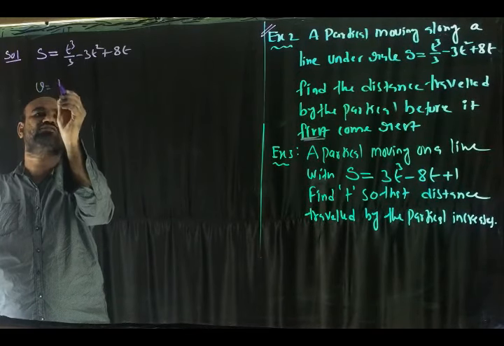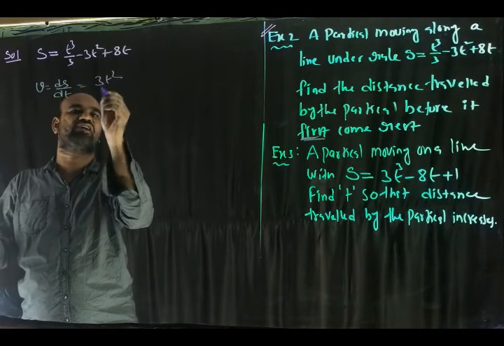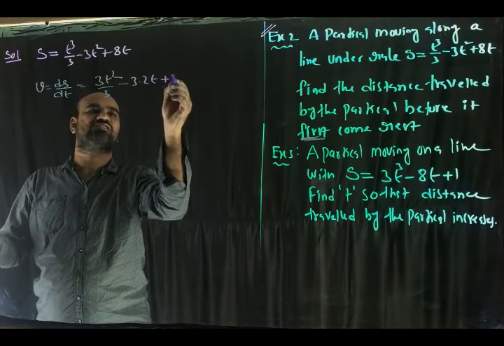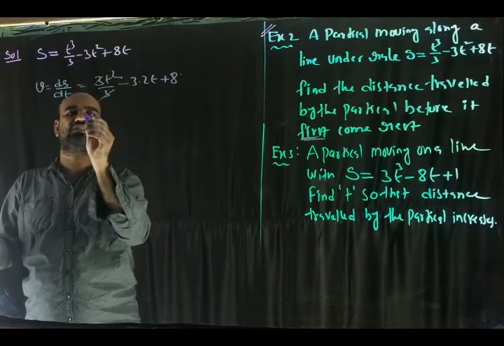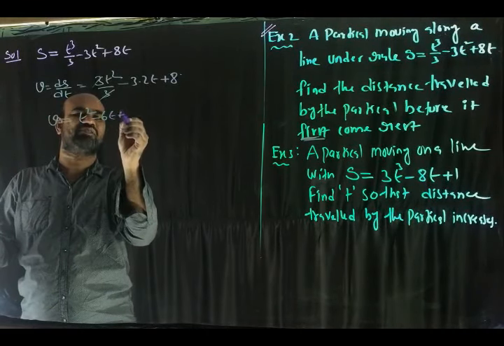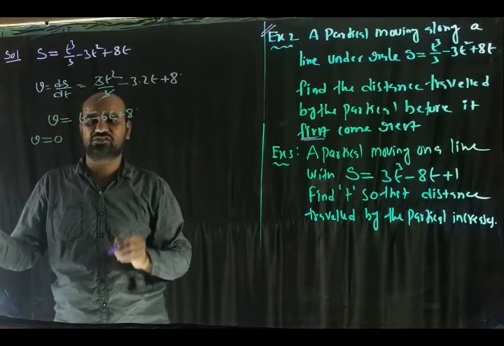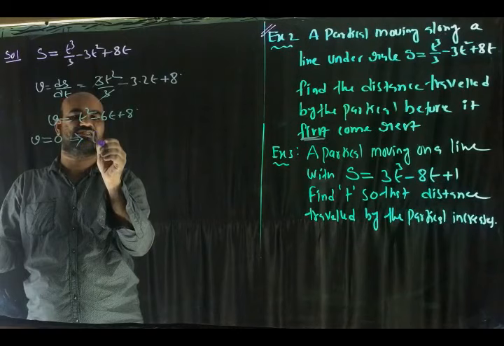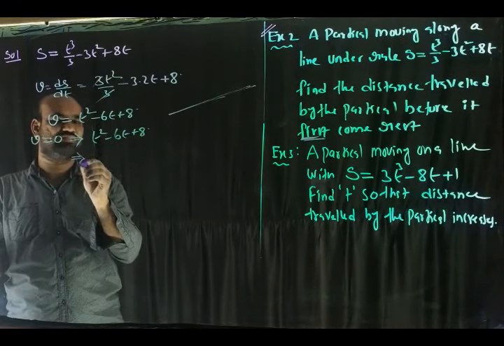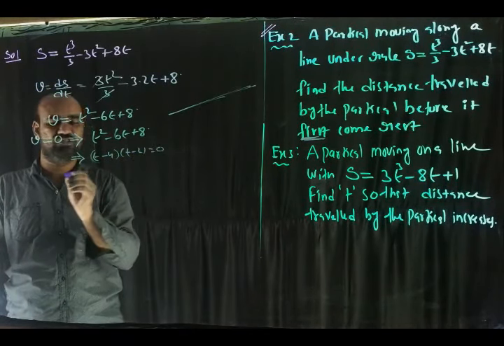V equal to ds by dt, that is equal to 3t square by 3 minus 3 into 2t plus 8. The 3 gets cancelled. So V equal to t square minus 6t plus 8. V equal to 0, then only it becomes rest. This implies t square minus 6t plus 8 equals 0, so t minus 4 into t minus 2 equal to 0.